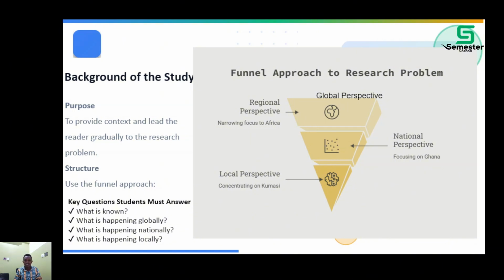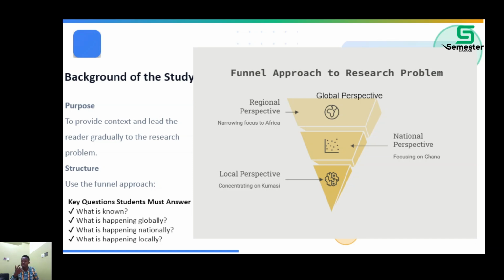In this example, we are concentrating on Kumasi. You can even go a step further and focus on the locality you are working from. This is the information that will be required of you in your background of study. This is just a brief of what is expected in the background.